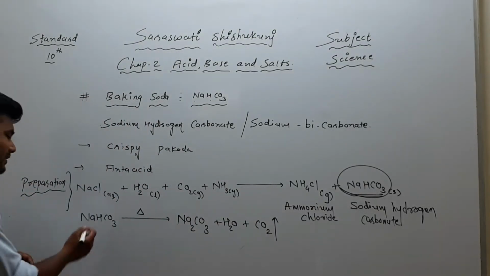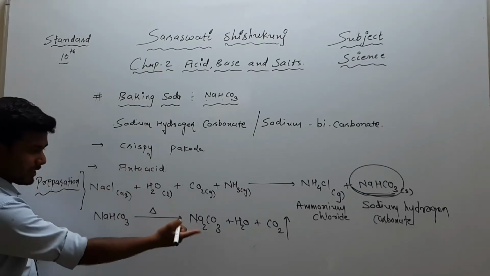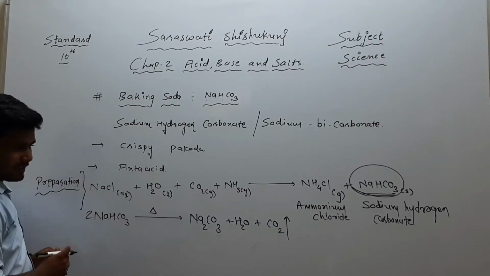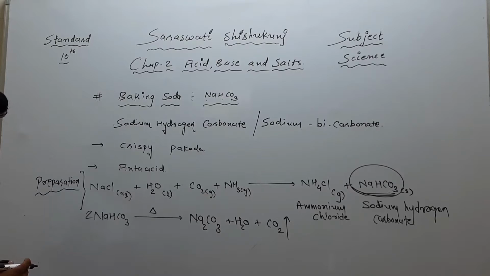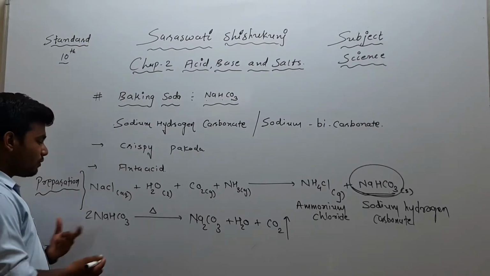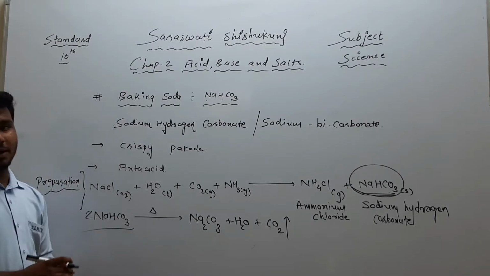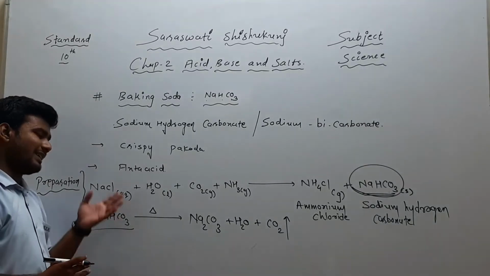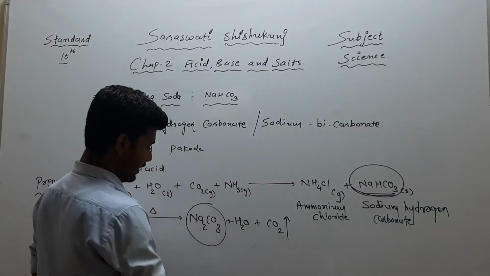If we heat this sodium bicarbonate, here you can see that we have to balance the reaction, and I think now the reaction is balanced. 2 moles of sodium hydrogen carbonate, that means baking soda, is heated to give us sodium carbonate.